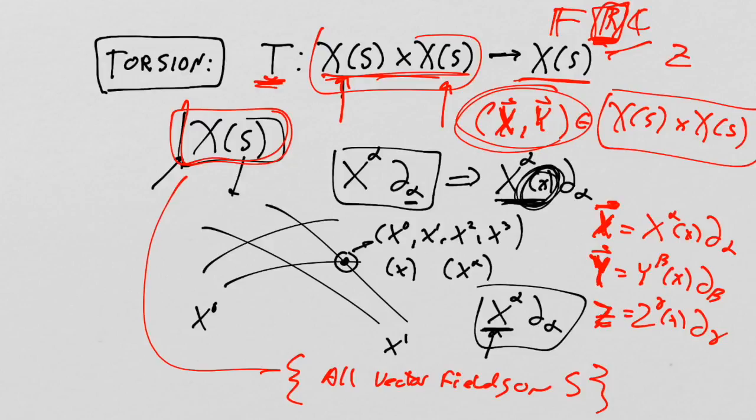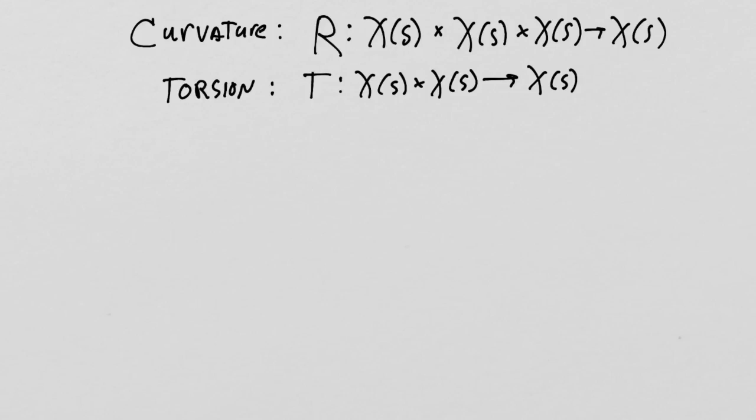So we're going to proceed with the same kind of logic that we used with the torsion. We're going to make a formal definition of the curvature, and we're going to begin by working with that. Now the curvature is similarly defined as the torsion, as a mapping, but the curvature takes an ordered triplet of vector fields and returns a vector field.